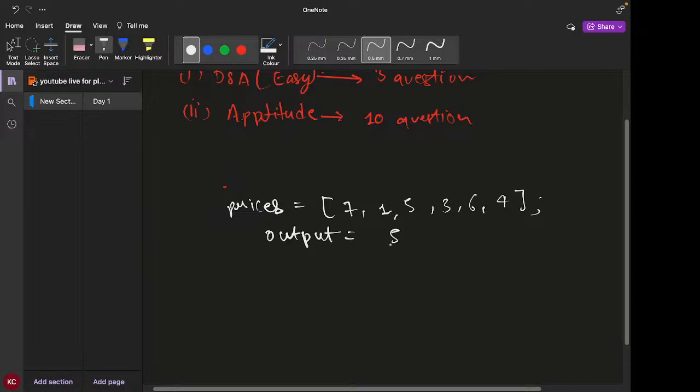It means that the question says I have to buy a stock and sell it on a day when I get the maximum profit.